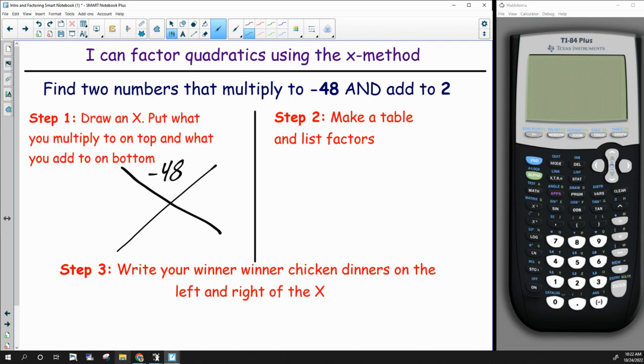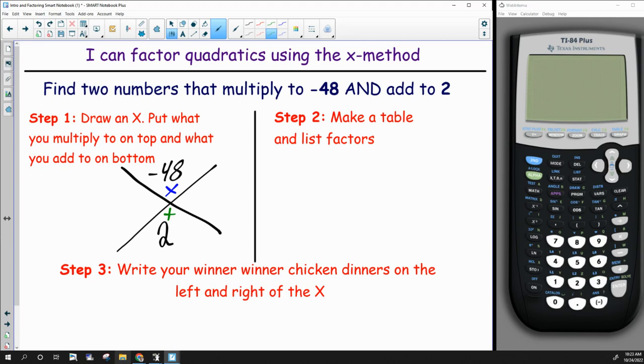What you're trying to add to, you write on the bottom, 2. We need to multiply to the top, add to the bottom. Okay, that's step 1. We filled out part of our X. We need to figure out what our winner chicken dinners are.